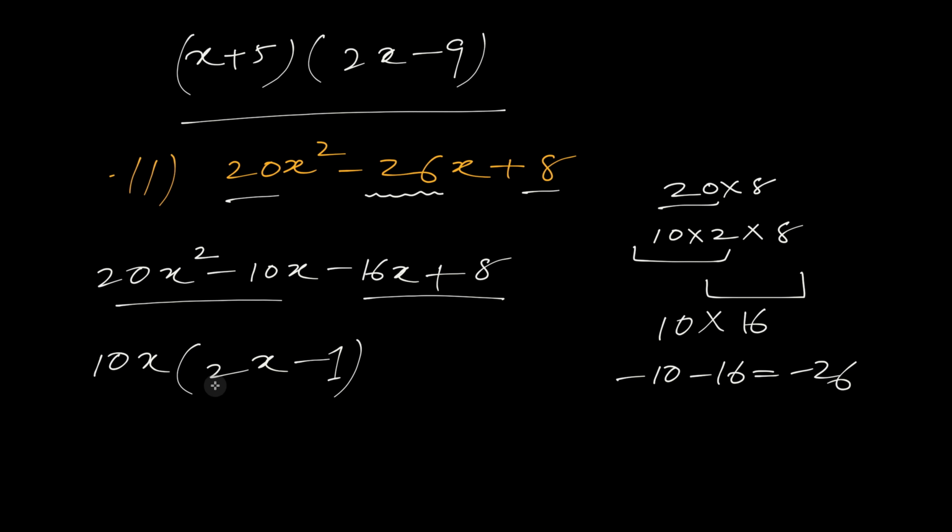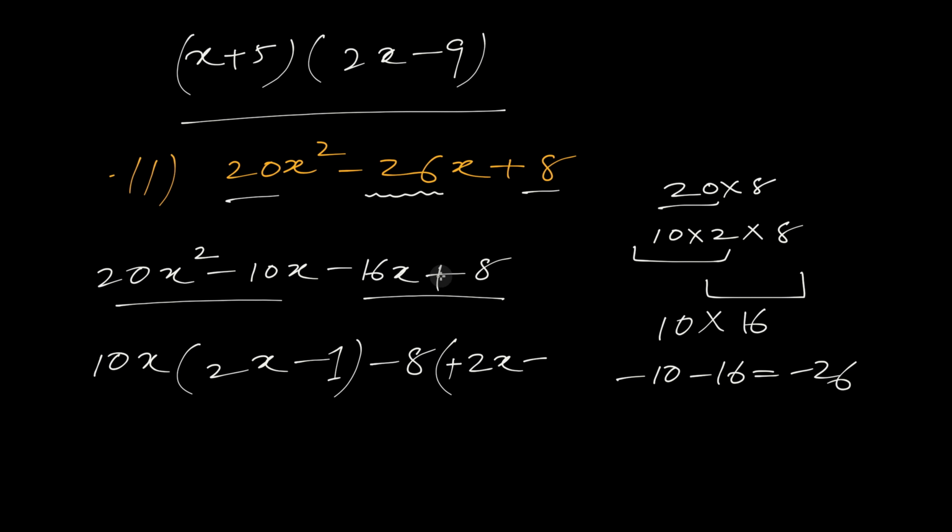Now since this is a plus sign but here it is a minus sign, I'm going to take minus here, so that I get the plus symbol in the parenthesis. Now 16x divided by minus 8 is going to be positive. 16 divided by 8 is 2x. 8 is gone, so I can say this is going to be minus, not plus. Why?